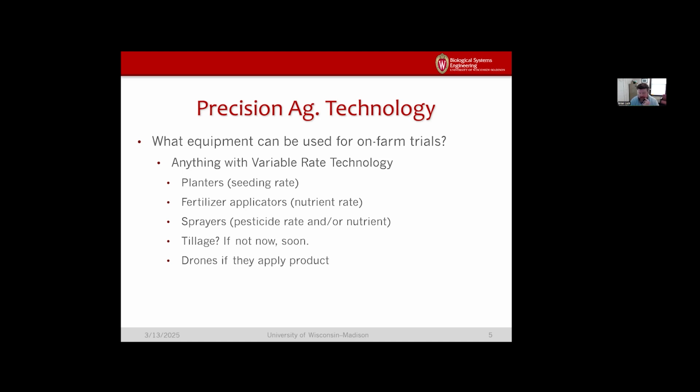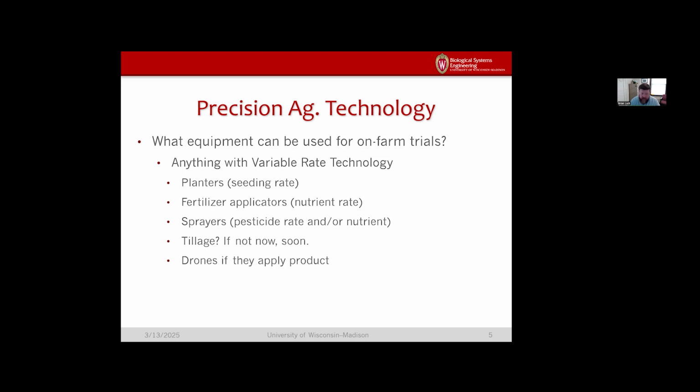out the nozzles. I have a lot of background in sprayers, so I can't help but talk about them quite a bit. But the other thing that we are looking at there is if you are varying the rate, you're varying the rate of a mixed product, right? So the water to product ratio is going to stay the same.